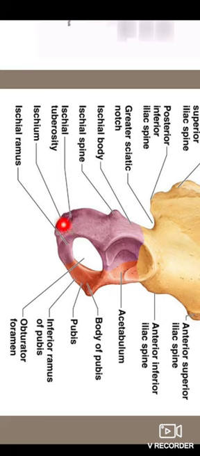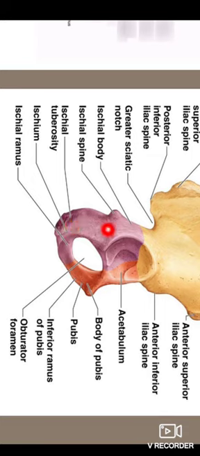This is ischial tuberosity. Ischial tuberosity gives attachment for hamstring muscles, that is the muscles of the back of thigh. Hamstring muscles are the muscles of back of the thigh or posterior compartment of the thigh. So this is giving attachment for hamstring muscles. Ischial tuberosity gives attachment for hamstring muscles.